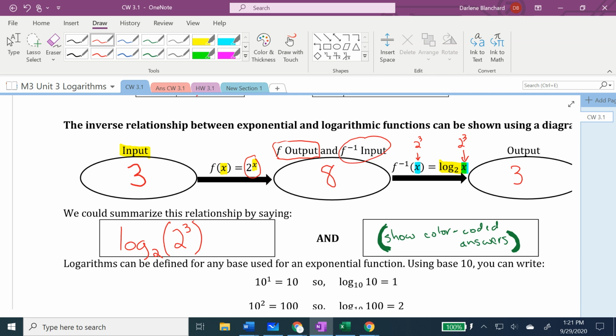So based on this input, output, input, output table, this is supposed to give me an answer of 3. What you need to understand is whatever goes in the exponent of your exponential function, if you take that result and put it into a logarithm that has the same exact base, that's equivalent to, hey, let's add 2 and subtract 2.